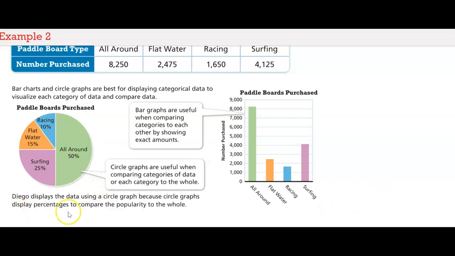So Diego displays the data using a circle graph because circle graphs display percentages to compare the popularity to the whole. If you want to know the majority of people who like a certain thing, percentages are usually used. Circle graphs already use percentages, which makes that easy to read.